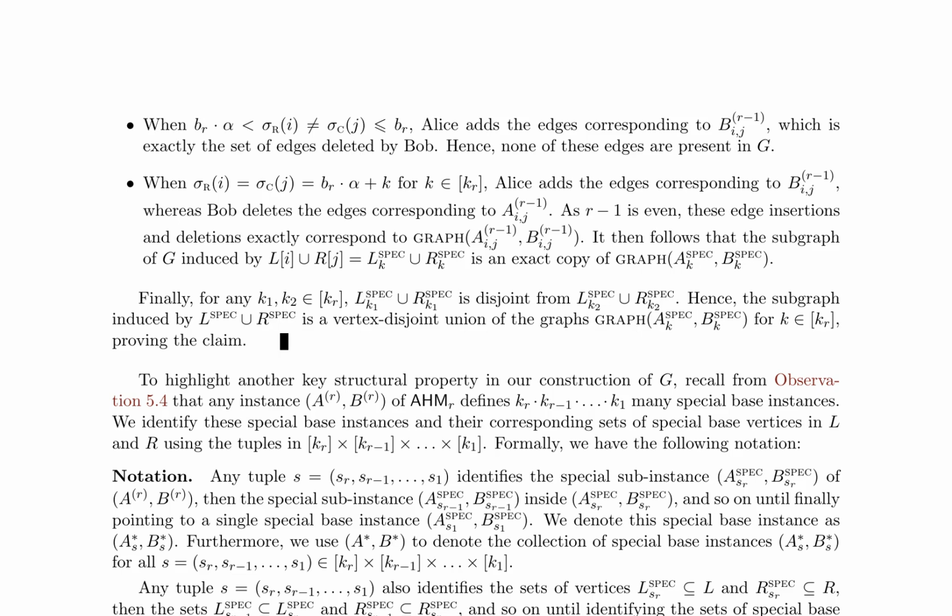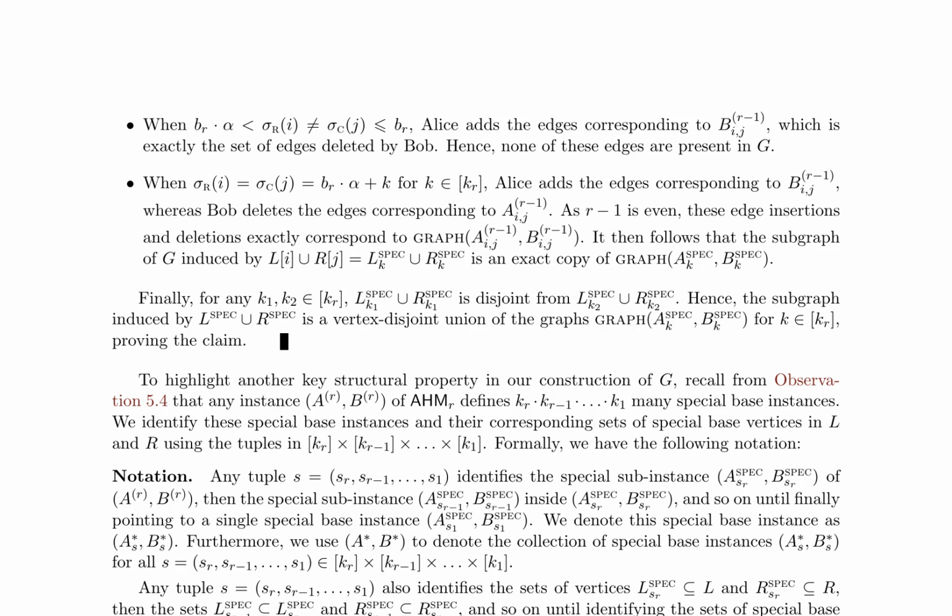We identify special base instances and their corresponding sets of special base vertices in L and R using tuples in K_r times K_{r-1} times K_1. We denote this special base instance as B_s. Furthermore, we use (A, B) to denote the collection of special base instances B_s, for all S = (S_r, S_{r-1}, S_1) element of K_r times K_{r-1} times K_1.